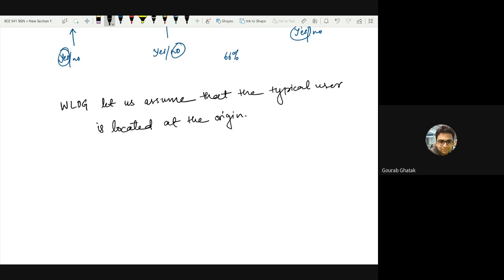So this blue guy is located at the origin, and what we are interested in is its performance with respect to different realizations of the Poisson point process that represents the base stations.